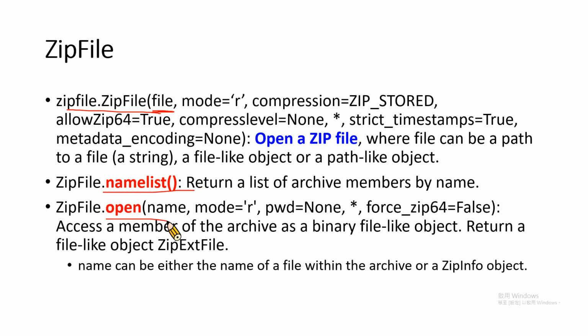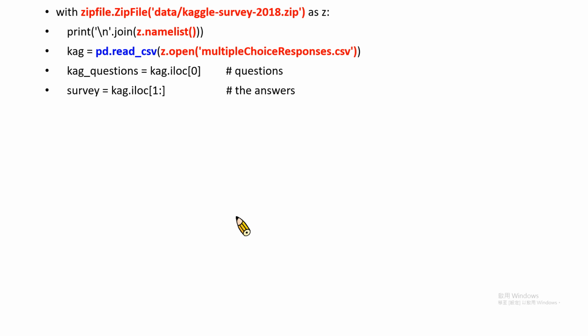And open is to open a specific file. Okay, and we have mode. You can open it as read. Also, see here is the example of how we use these methods.